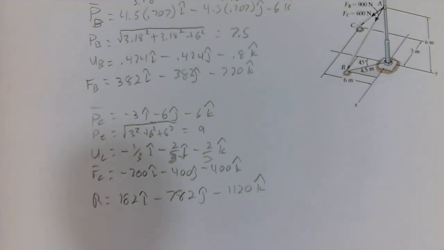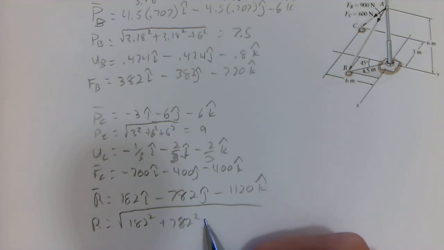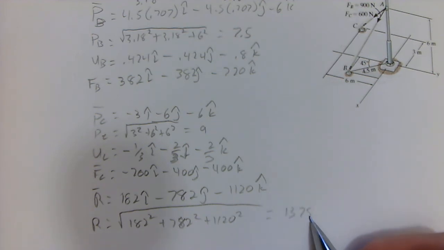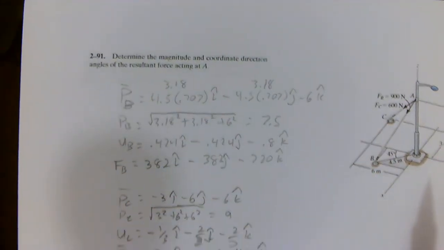So it wants the resultant, that's the magnitude. The resultant will be the square root of the squares, and that is 1378. So that's the resultant. Now they want the coordinate direction angles.